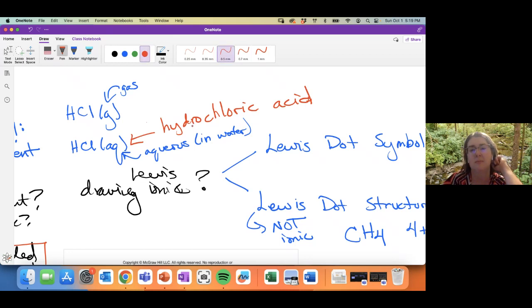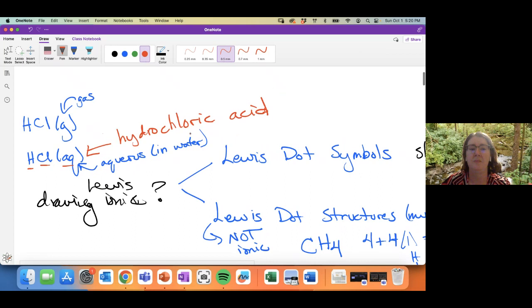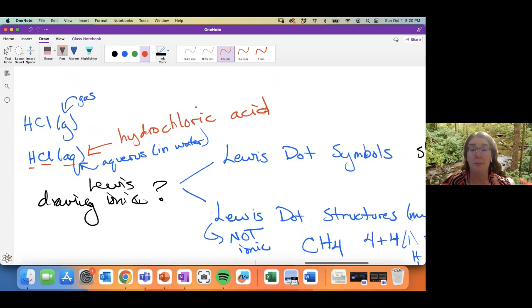Hydro for the hydrogen, chloric for the chlorine, acid for the aqueous, honestly. So you're actually basically naming each part of this individually. Since somebody else asked, I'm actually going to take a moment to point out that this is also technically a binary acid because it's got hydrogen and one other thing.